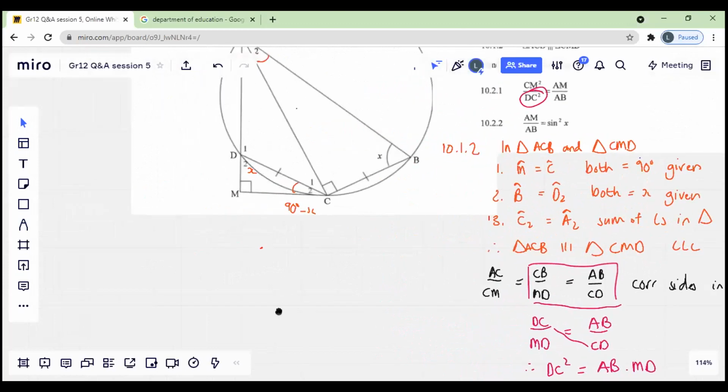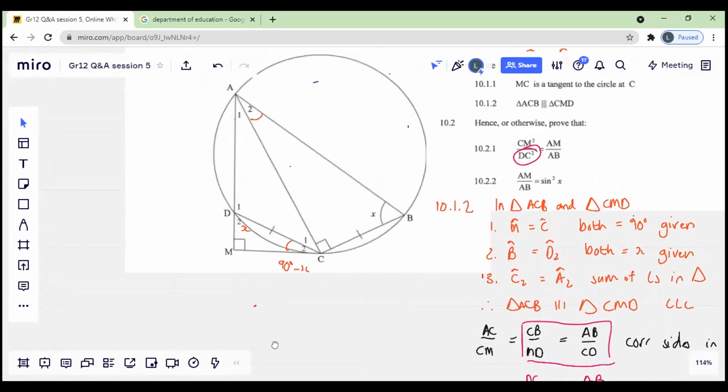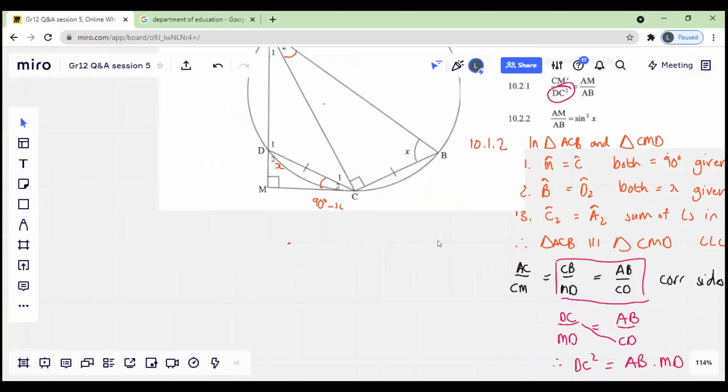So they want us to use AM. Okay, so if they want us to use AM over here, that means that we need to work in triangle AMC and triangle CMD. Otherwise, we can't get this AM that's over there. All right, so now I'm going to need to prove similarity, not congruency, in those two triangles.